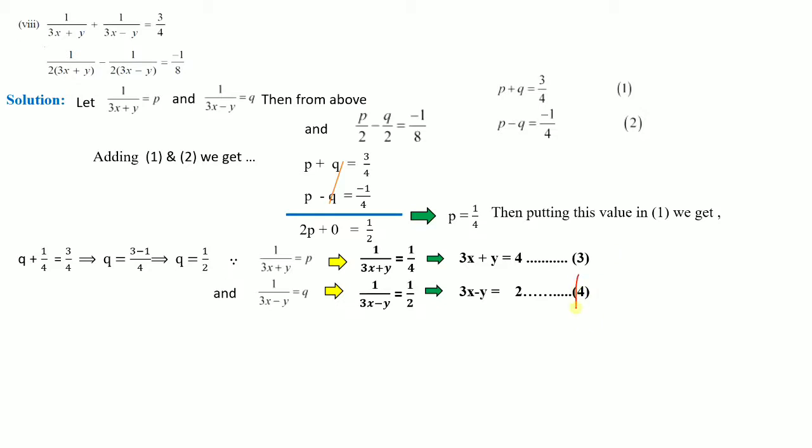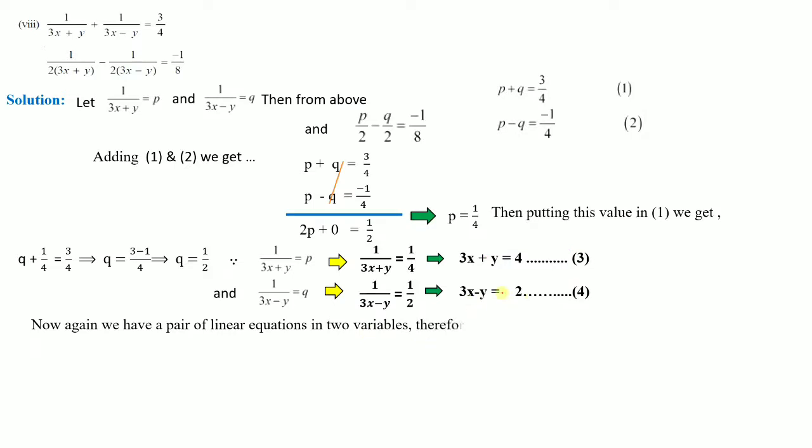Now look at equation number 3 and 4: we have y in opposite signs, and 3x in the same sign, so either we can subtract or add as per your convenience. So now again we have a pair of linear equations in two variables.